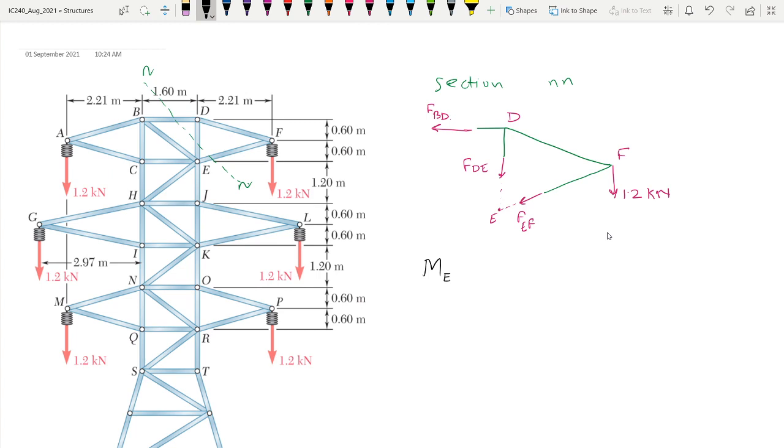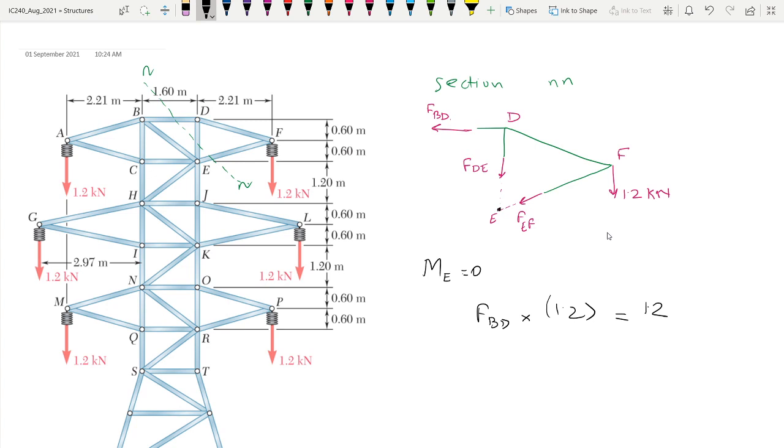And now let's write moment about point E is equal to 0. So if I write moment about point E equal to 0, then these two moments are 0. And what I'm left with is FBD multiplied by ED, which is 1.2 meters in this figure. This moment is anti-clockwise, and the moment due to 1.2 is clockwise.